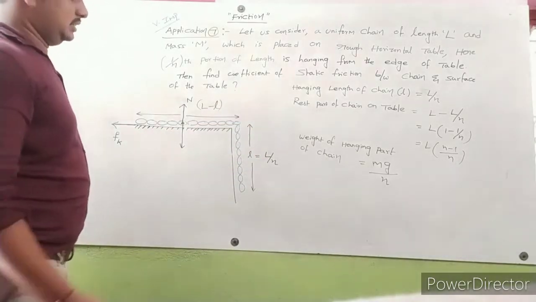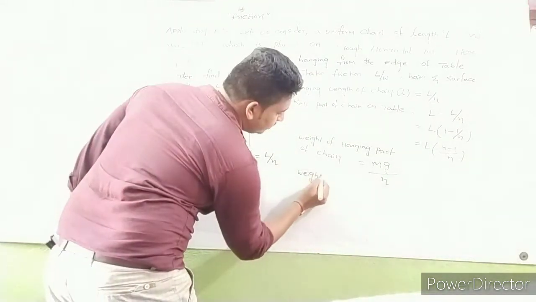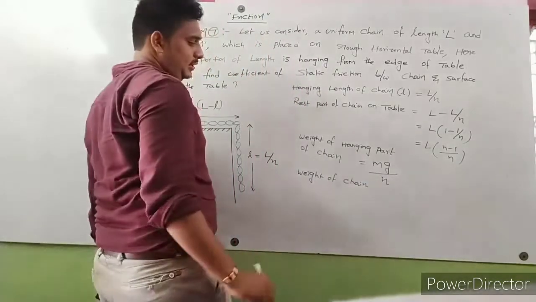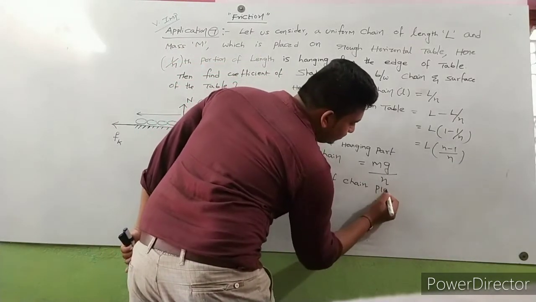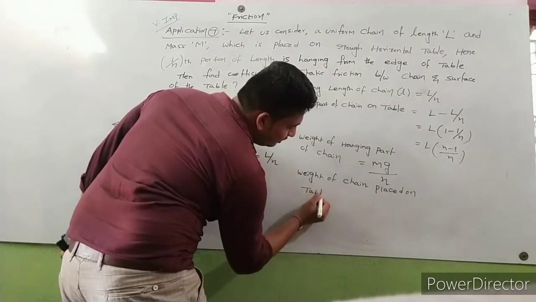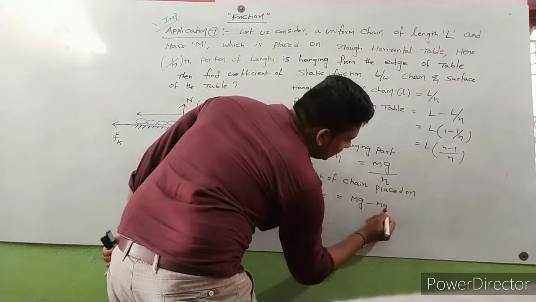Next, the weight of the chain placed on the table is equal to the total weight mg minus mg by n.